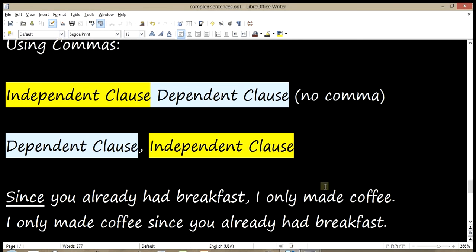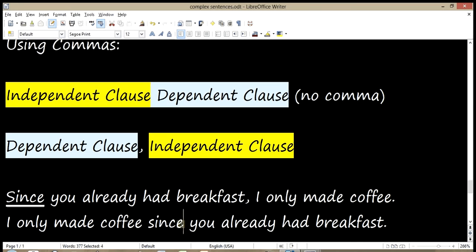First example says, since you already had breakfast, comma, I only made coffee. Now here we have since as the subordinating conjunction, and so we know that this first clause is our dependent clause because it's got that subordinating conjunction in it. Therefore, we need the comma following breakfast, and then we have our independent clause right here.